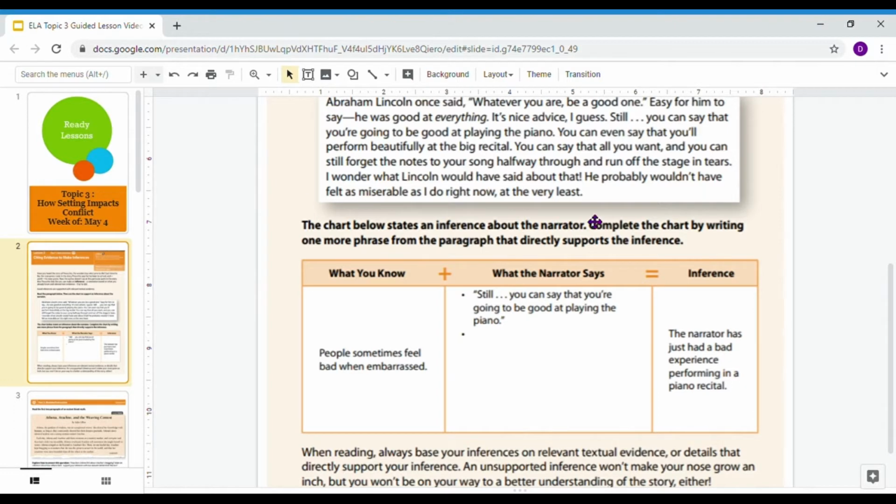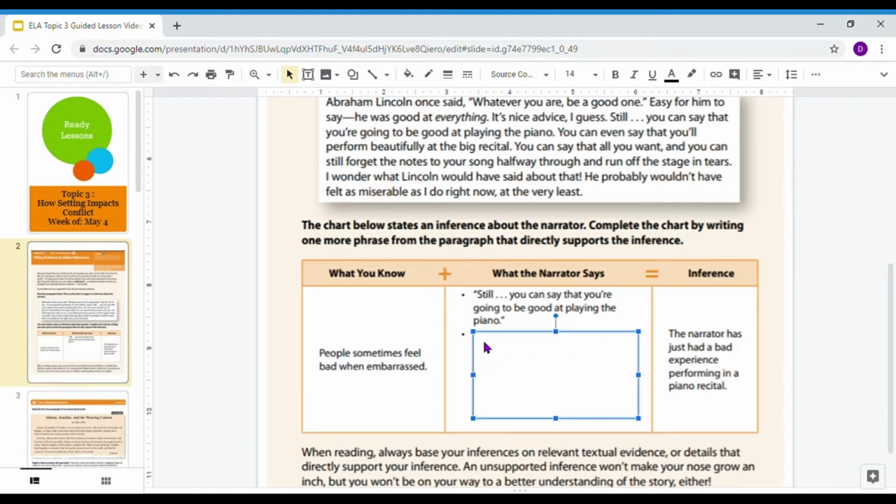And looking back into this passage, what do we see that our narrator or our author says? The first bullet point that they pulled was, still, you can say that you're going to be good at playing the piano.